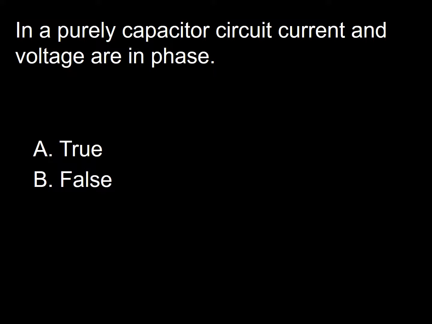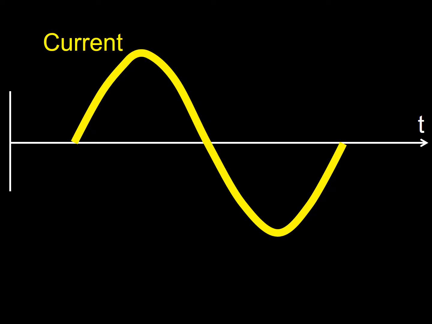Next question. In a purely capacitor circuit, current and voltage are in phase. A true, B false. To answer this question, I will start in this frame by representing current as a yellow sinusoidal wave, and in subsequent frames I will superimpose to it the voltage in pure resistive, capacitor, and inductive circuits that would go along with the current I have represented in this frame.